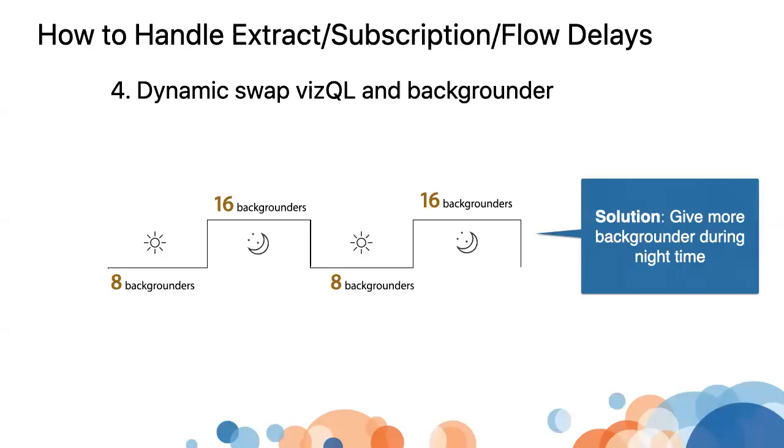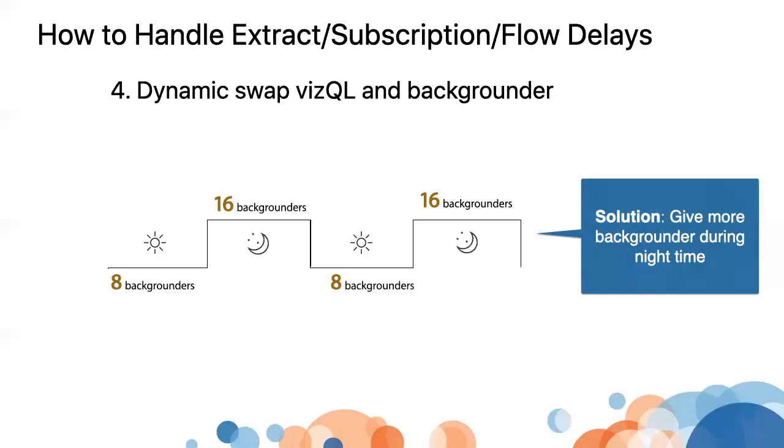Since TSM was released, there is automatic, dynamic swapping. I don't know if you guys are doing this. This is a feature you should use. This is very useful. The idea is giving more backgrounders during the night time.